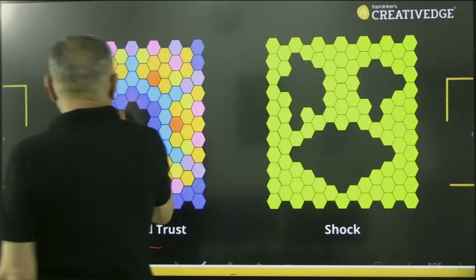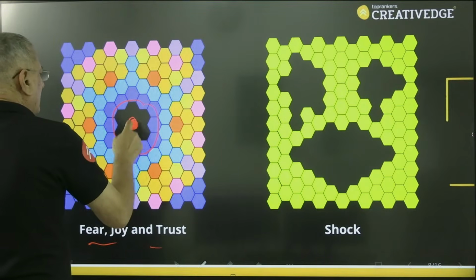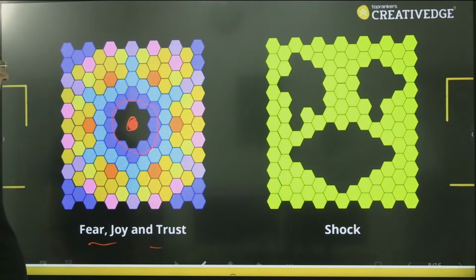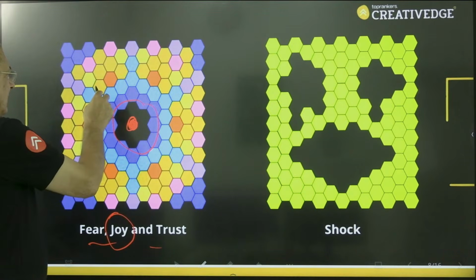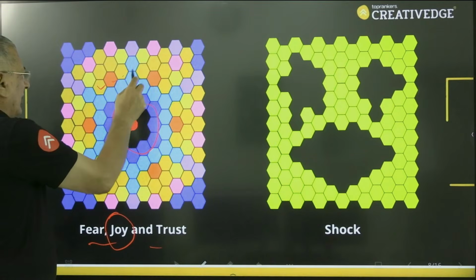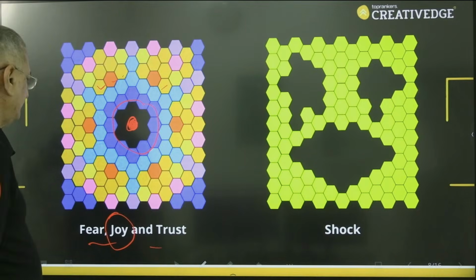Fear with black. That could have red inside it. That also is fear. Joy. Color of joy, yellow, orange, as against light blue, not the dark blue.